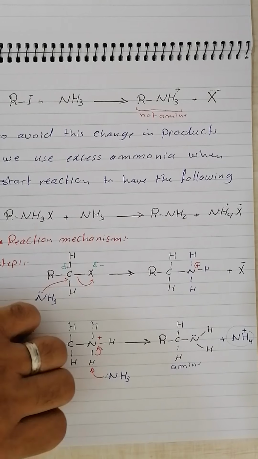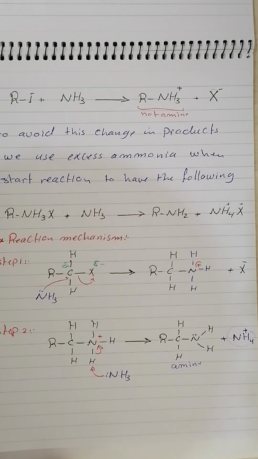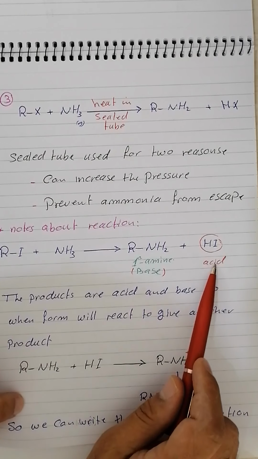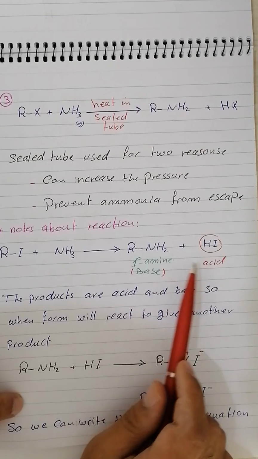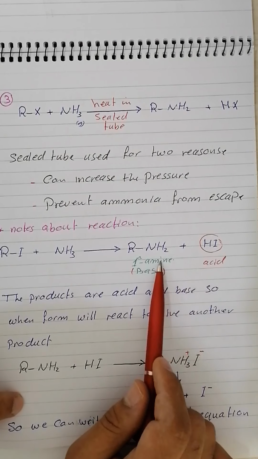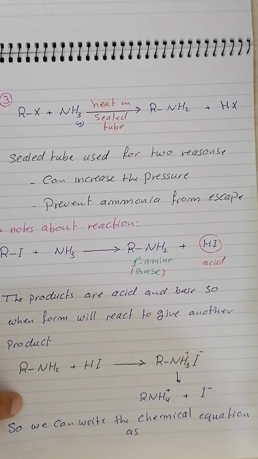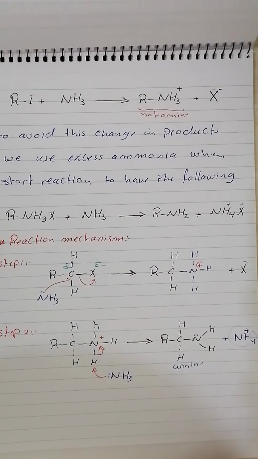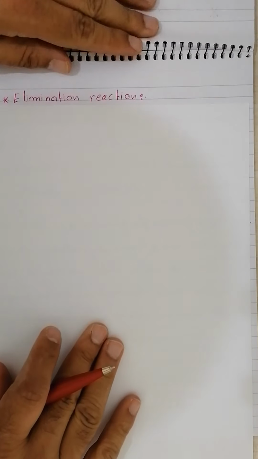So in this experiment, I want you to take care of the acidic product and basic product, and how we can prevent them from reacting together by adding excess ammonia, which will change the mechanism of the reaction. So keep amine as my main organic product.